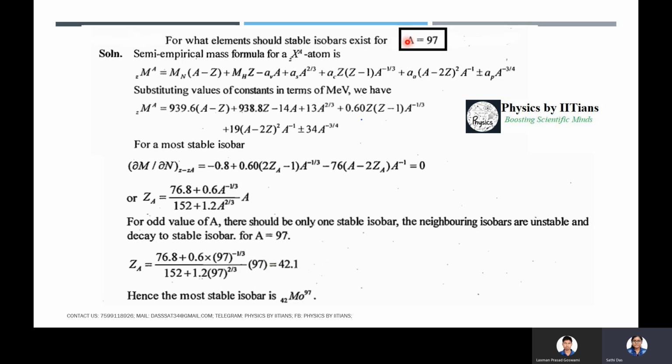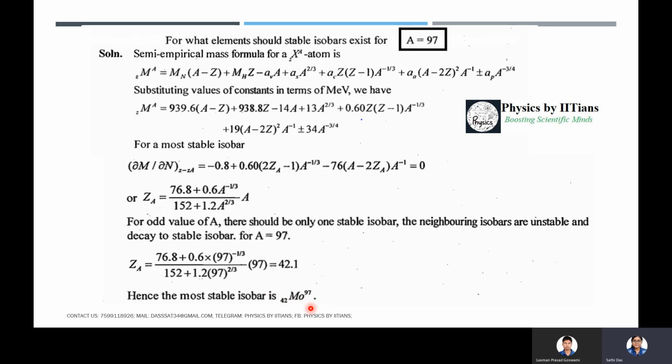So whenever the mass number is 97, any isobar which has the atomic number nearer to 42.7 will be the stable isobar. The atomic number nearer to it is 42, molybdenum. So the most stable isobar is molybdenum-97.